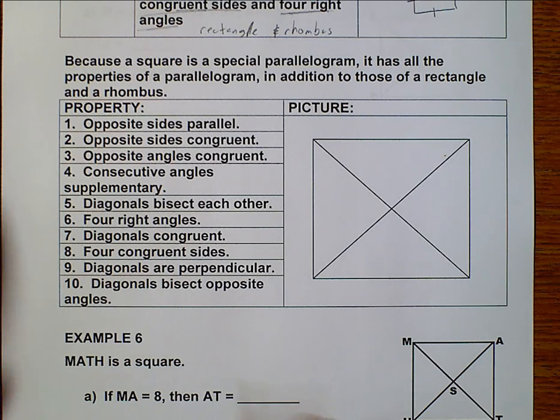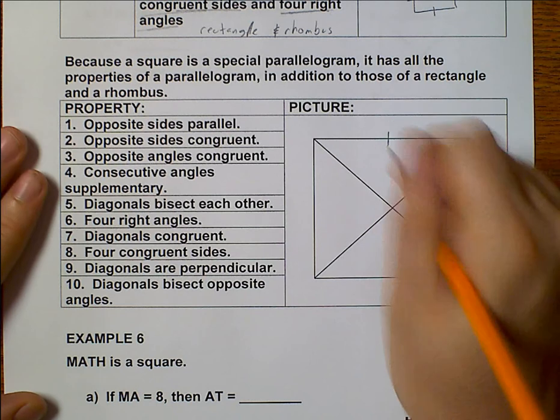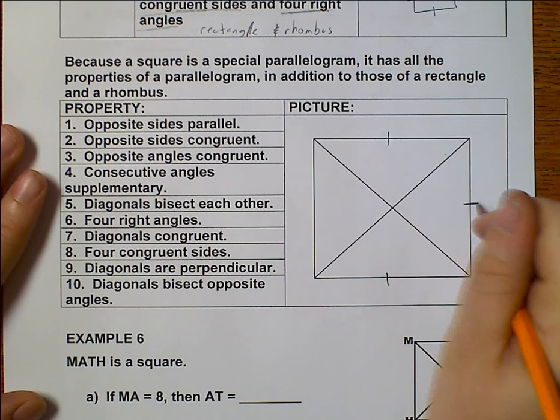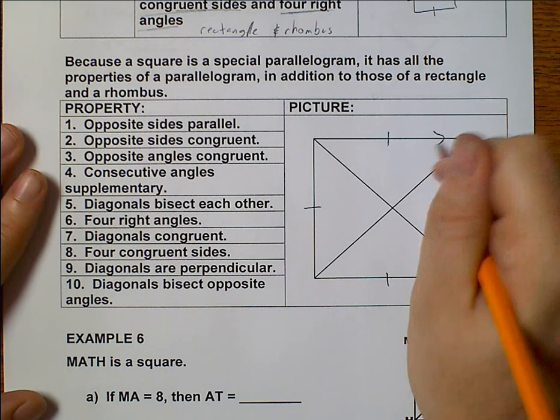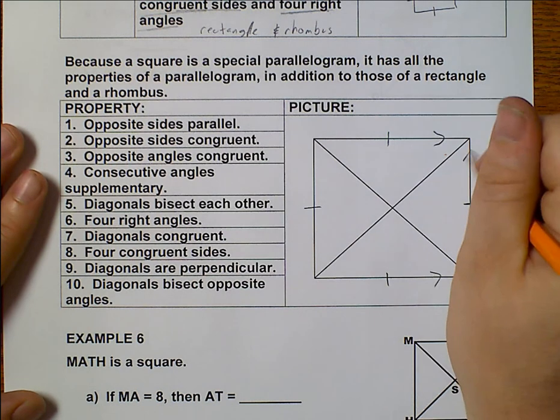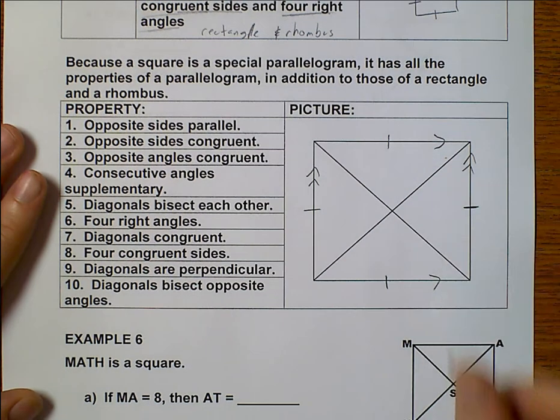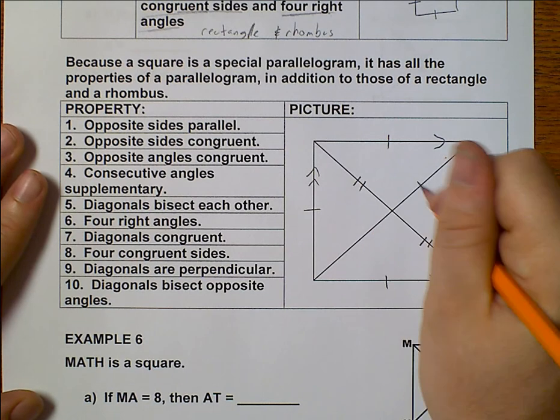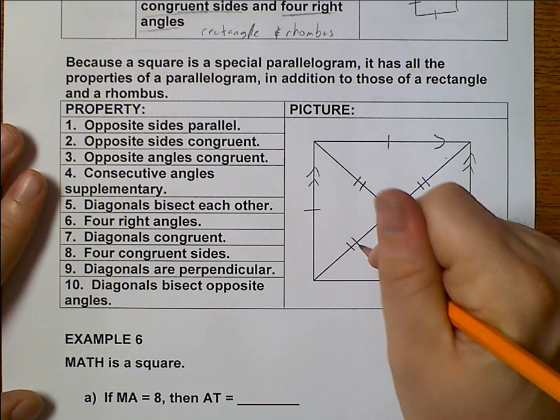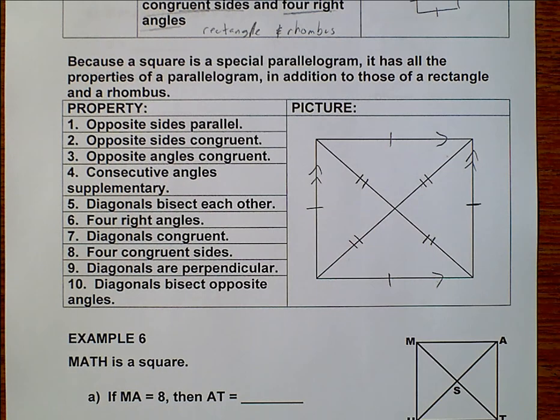Well, we've got all these rules. I'm going to kind of shrink them up a little bit. We know that all of our sides are congruent. The opposite sides are, of course, parallel. Our diagonals bisect each other, and they're the same length, so that means that each one of these 4 have to be the same.